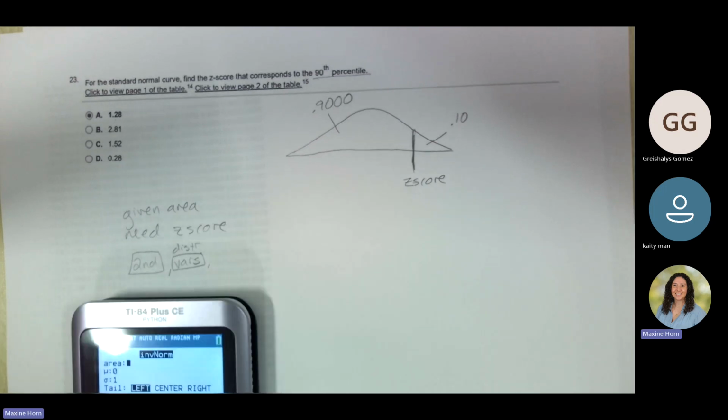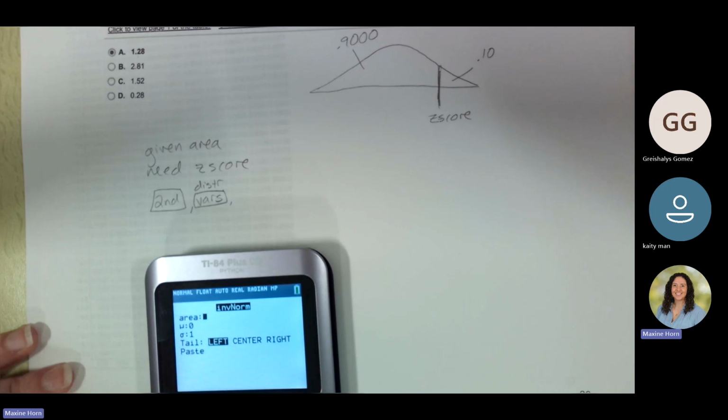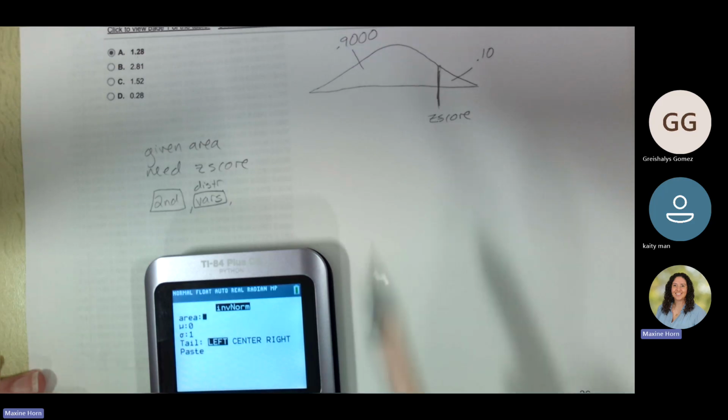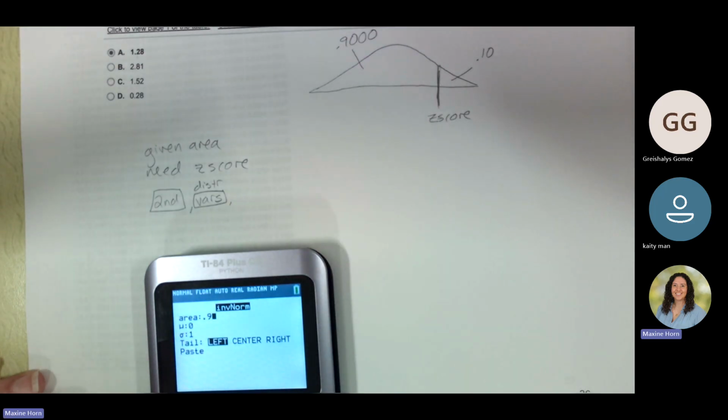Again, if you have the nicer, fancier calculator, it's going to give you the option of, where is this area occurring? Is this the area to the left of whatever we have, or is it in the center, or is it in the right? You'll learn more about the center thing later, but anyway, this is the area to the left, is 0.9.